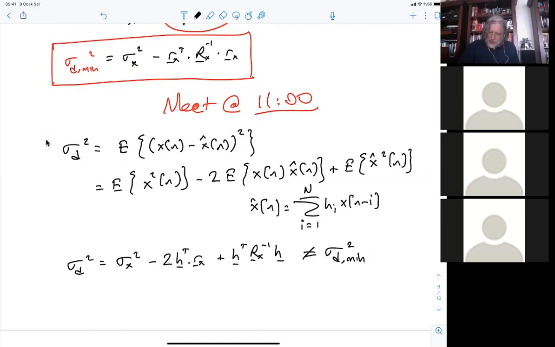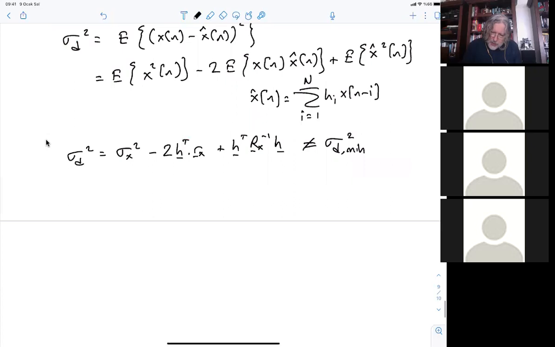Now, how can we minimize this? How can we look from the perspective that this sigma d square thing should be minimized with respect to h? With respect to h vector, you can say, but h vector consists of h1, h2, h3, etc. Now, if you look closely, you see that in this expression, this is a constant term.